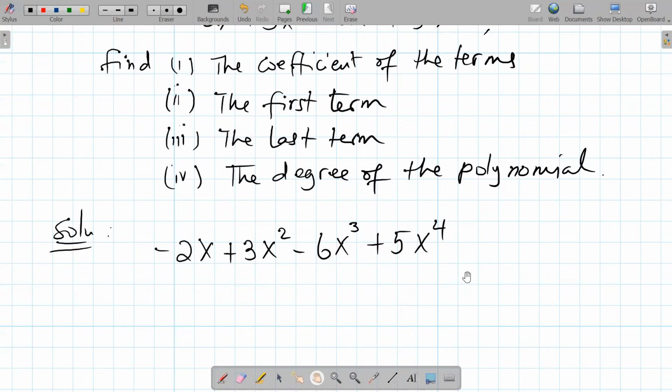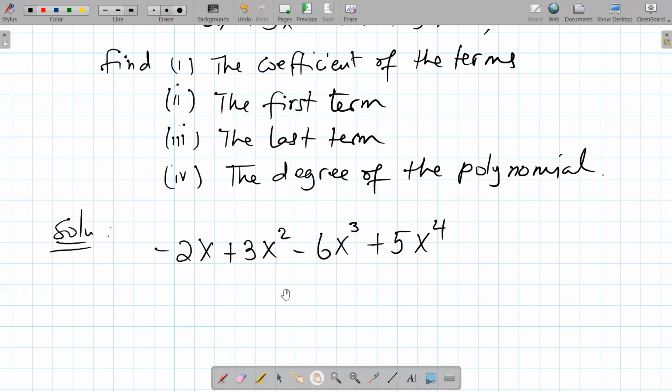A polynomial will always have to start with the highest power of the variable. In this particular example, this polynomial expression has 4 terms, and it has only one variable, x. So under normal circumstances, that has to be rearranged so that the term with the highest power should come first.